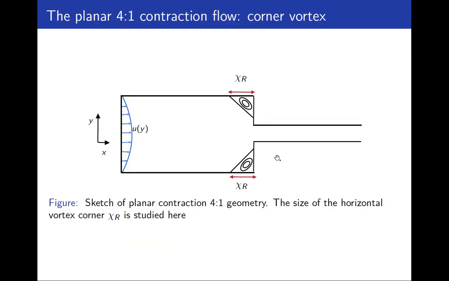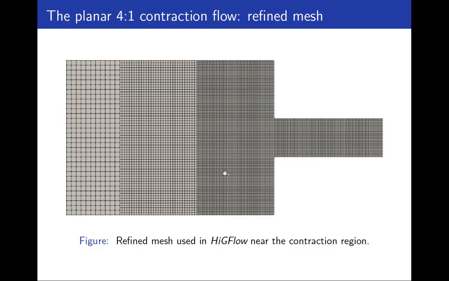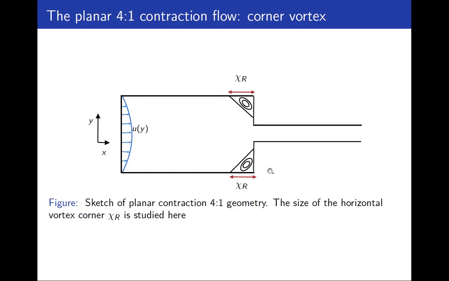And this is because in this kind of geometry we observe the formation of vortices at the corners. So we wanted to see if our simulations are able to reproduce those vortices at the corners.